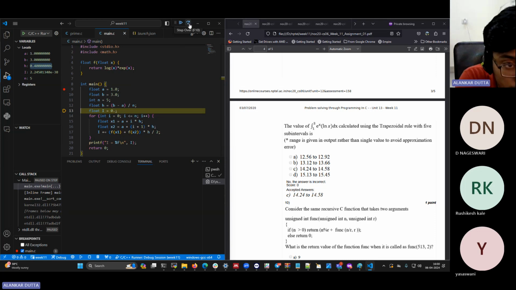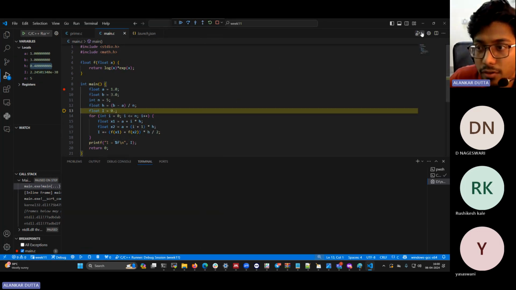So you would expect something like 2 over 5. So every step size is 0.4. So I think this is right.